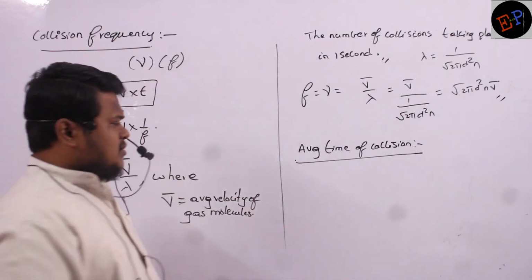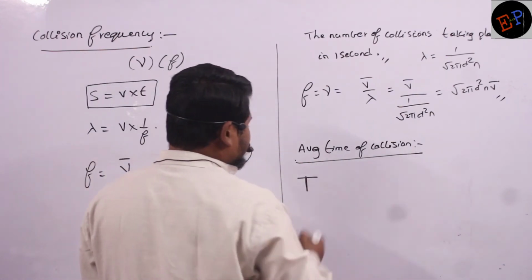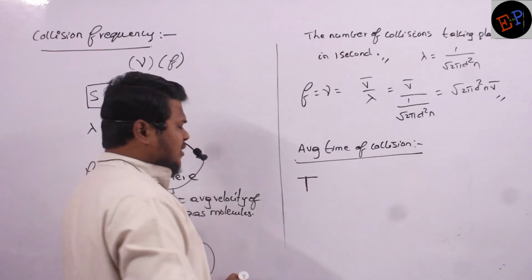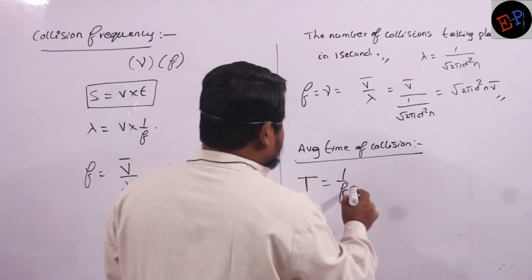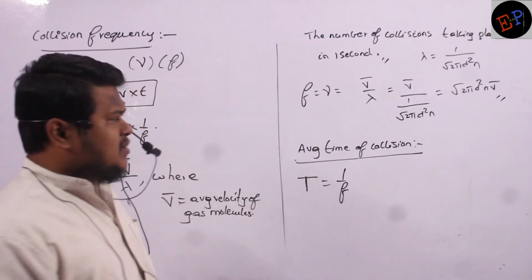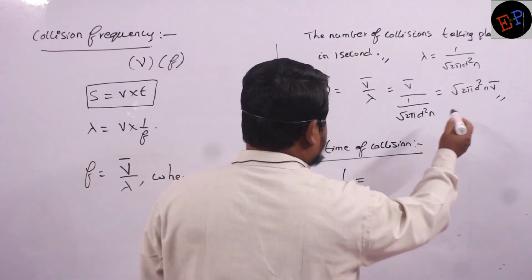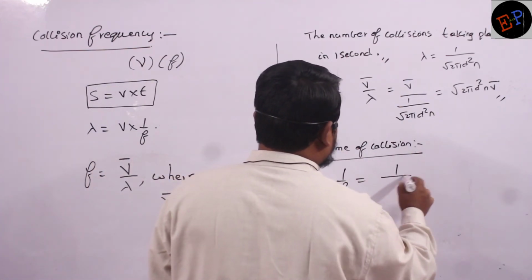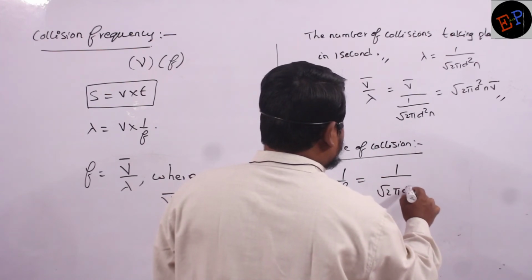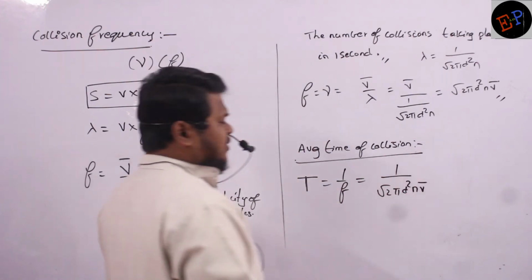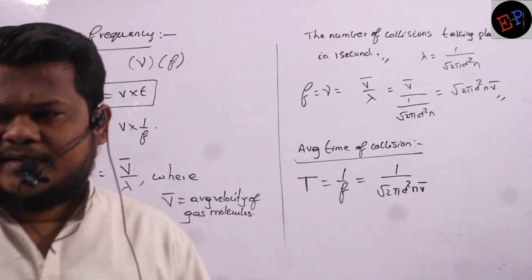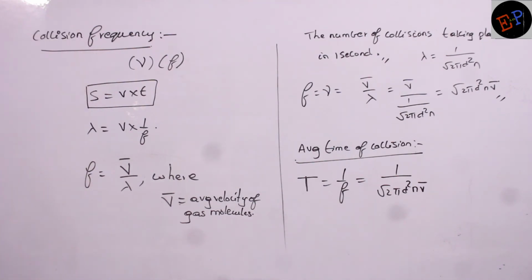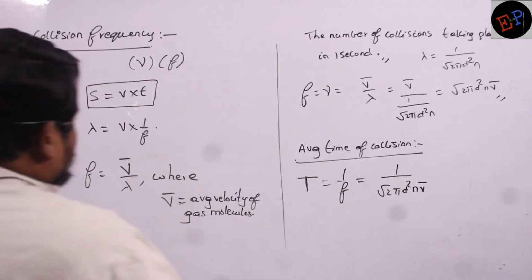So the average time between two collisions, I call it capital T, and it is exactly the reciprocal of frequency. The equation of frequency is root 2 pi d square n multiplied by v dash, the average velocity of molecules. So this concept is about collision frequency.